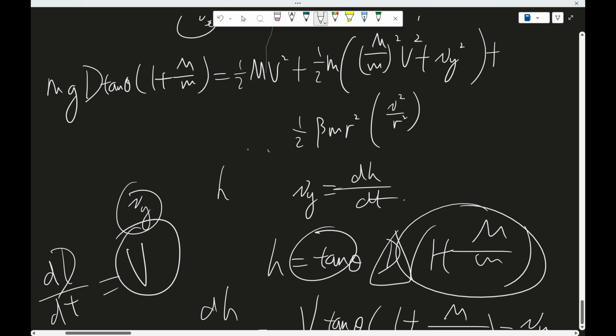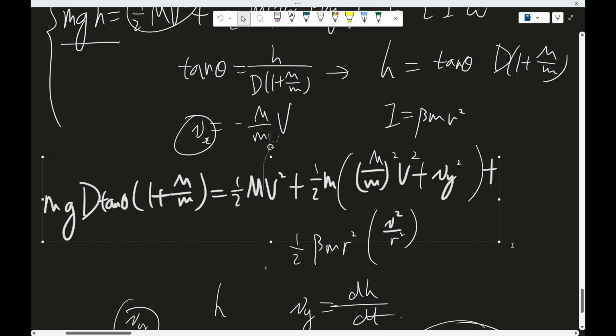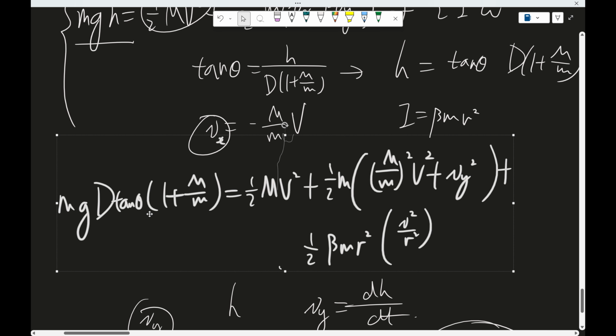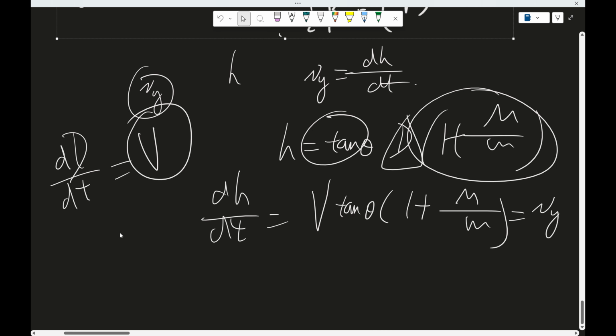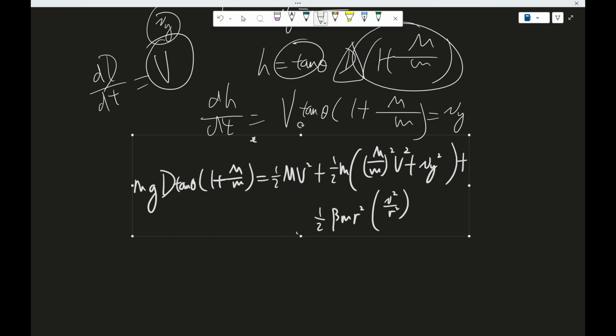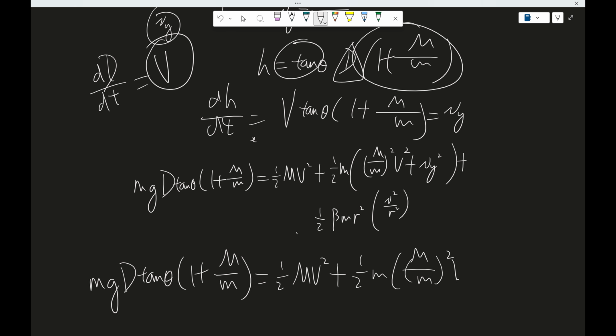And so now if we plug it in, I'm just going to copy this so it's clear. So I copy that and then paste it here. We will get mgd tangent theta times 1 plus big M over small m equals half mv squared plus half small m big M over small m squared v squared plus, what's Vy squared?